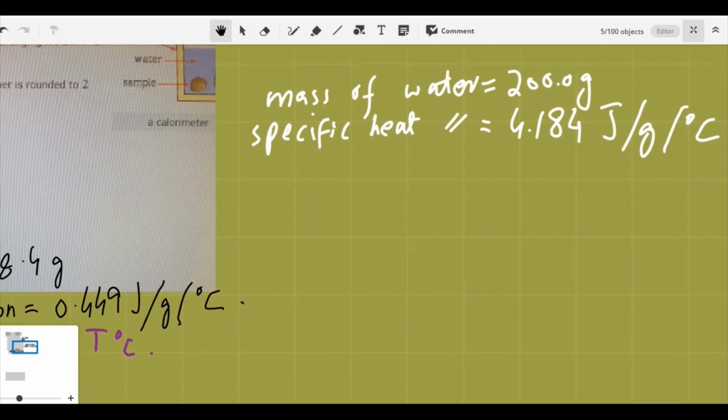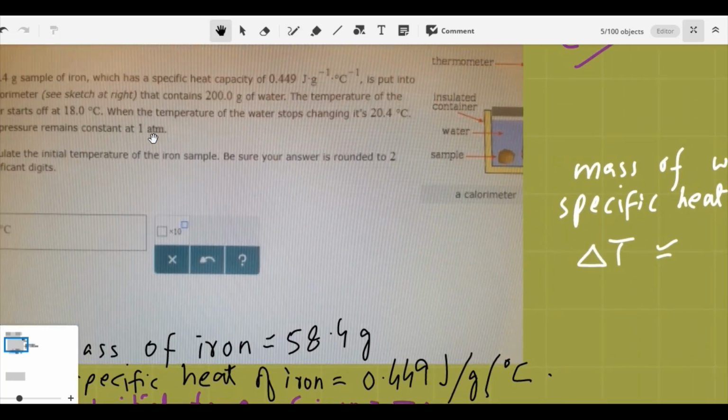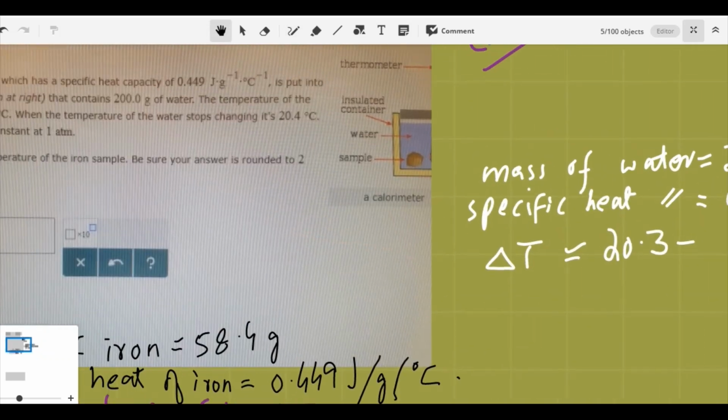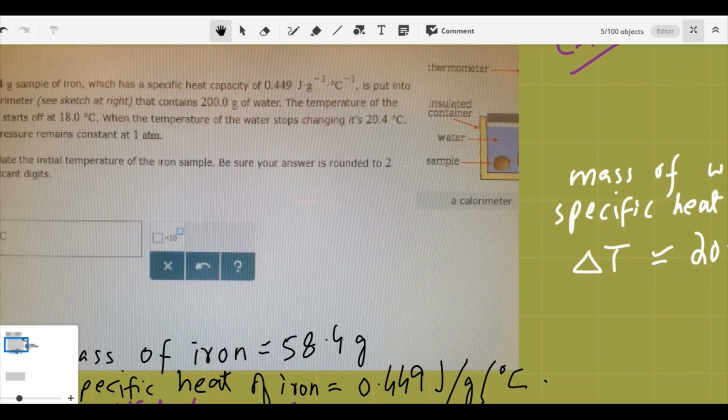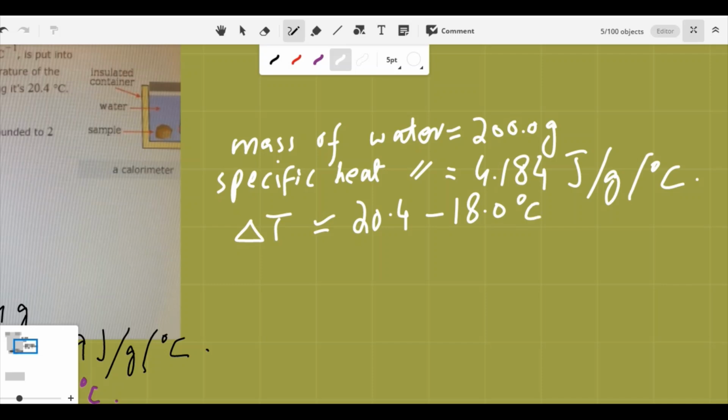Now the next one, change in temperature, delta T, because you can see here the initial temperature of the water and also the final temperature of the water are present. So the change in temperature will be equal to the final temperature 20.4 minus the initial temperature, which is 18.0 degrees Celsius.